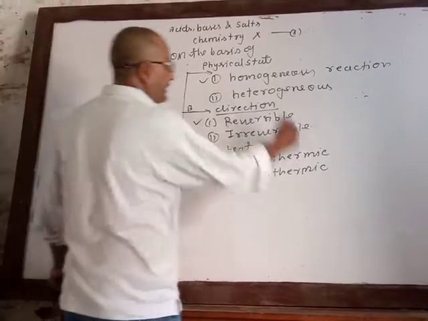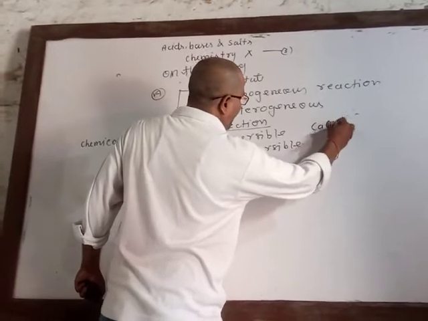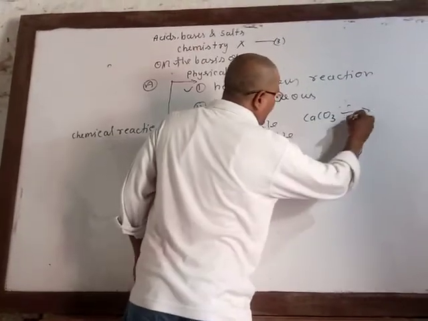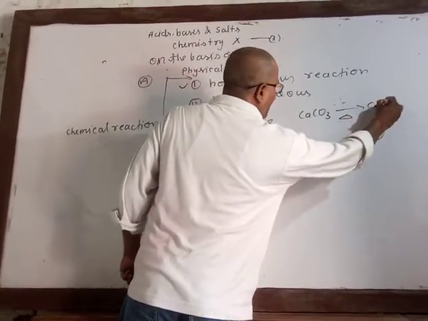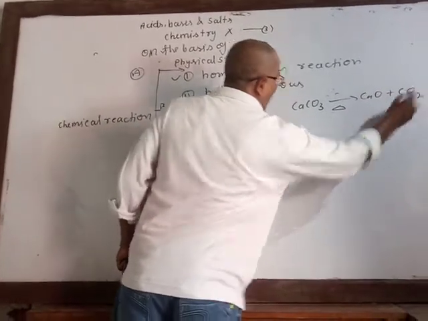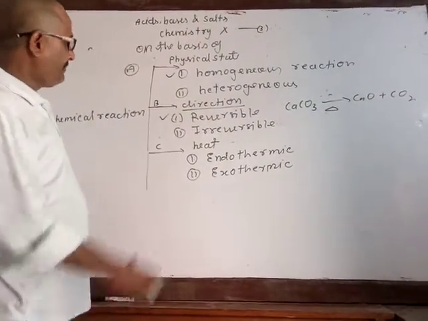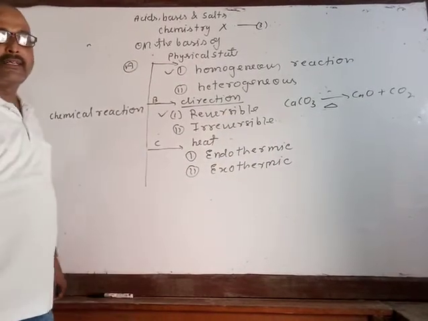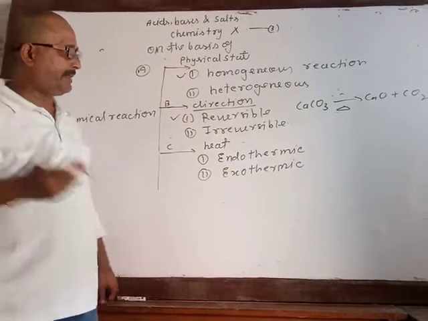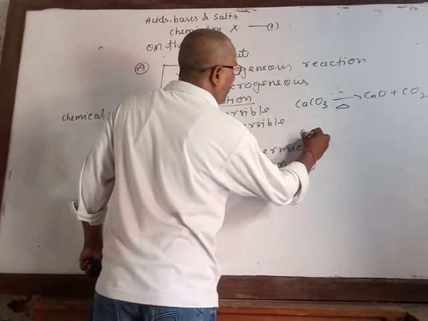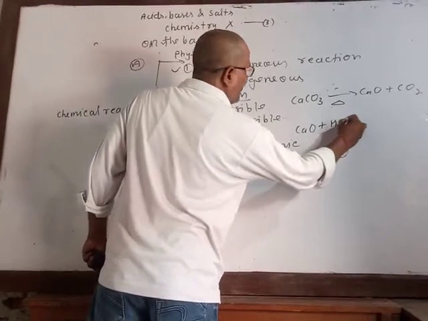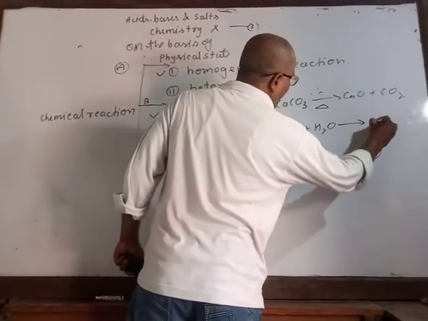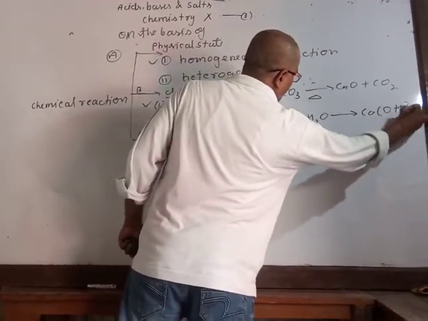See that I have given an example here. Calcium carbonate, on heating, gives calcium oxide and carbon dioxide. And exothermic reaction, a chemical reaction in which heat energy is liberated, means calcium oxide added to water gives calcium hydroxide.